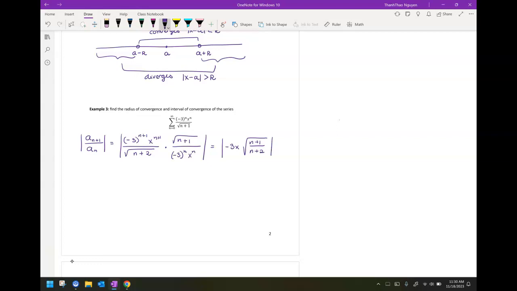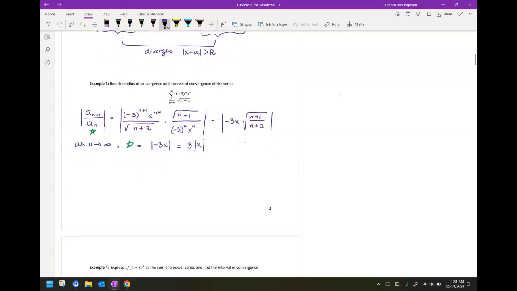Okay, so as n approaches infinity, and I'll call this star, star becomes the absolute value of negative 3x, that equals 3 times the absolute value of x. Now, again, we use the ratio test. So let's consider our cases.